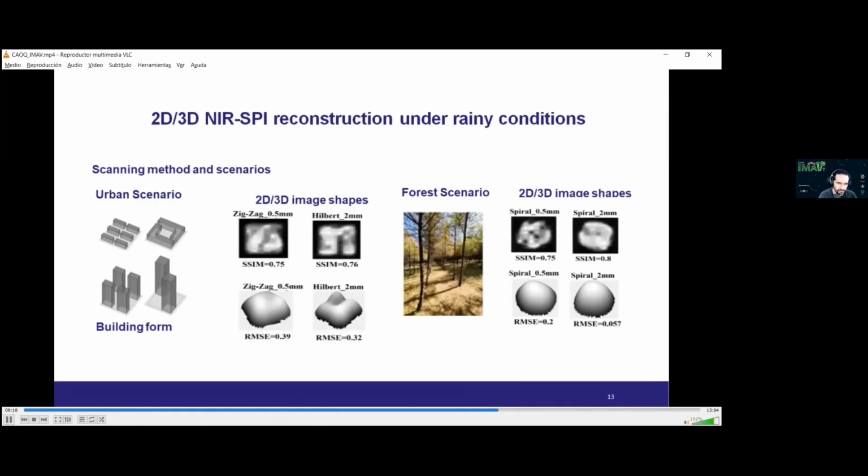The width can be adapted at the best and urban scenarios with buildings. While in the forest scenario, where the shapes present curves such as trees and rocks, the spiral scanning is recommended.